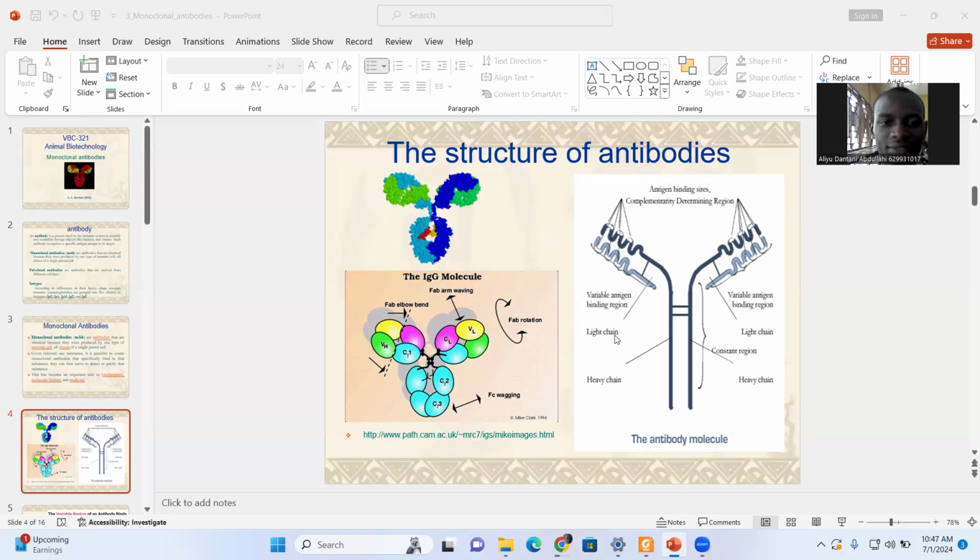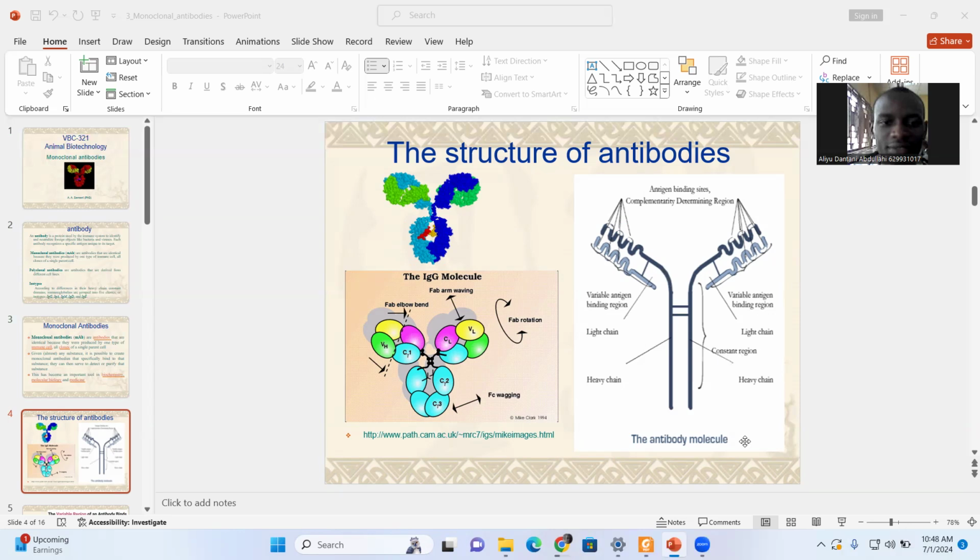Structurally, you have to look at the chains, if you still remember your protein biochemistry, protein amino acid biochemistry. Antibodies mostly are proteins. There's a heavy chain, which is this below, and a light chain, which is here. I have a better figure in the next slide, don't worry.